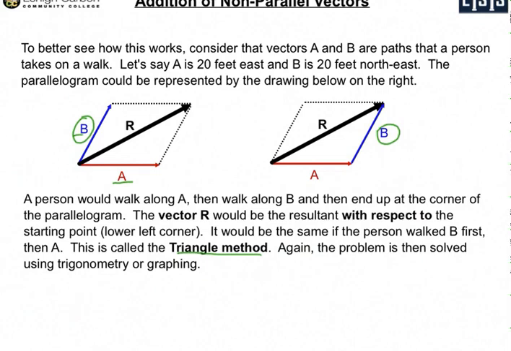You can think about this as someone who walked this distance and then at this point went up to B, and now you have your resultant, which is still the diagonal in the parallelogram. But now you're set up more with a triangle, and you use trigonometry or graphing to solve for this resultant, which is the hypotenuse of the triangle.